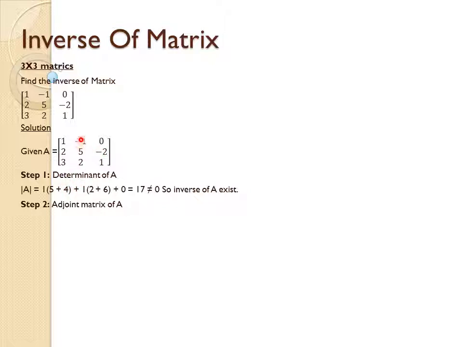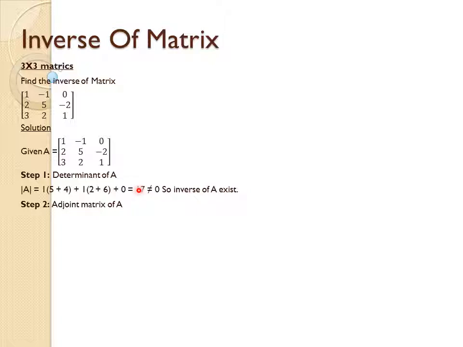Plus, 1 means these two cut, so 2 into 1 minus 3 into minus 2, that is plus 6, and plus 0, because 0 into anything becomes 0. So it becomes 5 plus 4 is 9, and 6 plus 2 is 8, 8 and 9 is 17. So 17, which is not equal to 0, so it means the inverse of the matrix exists.